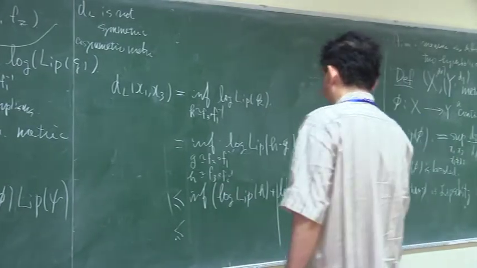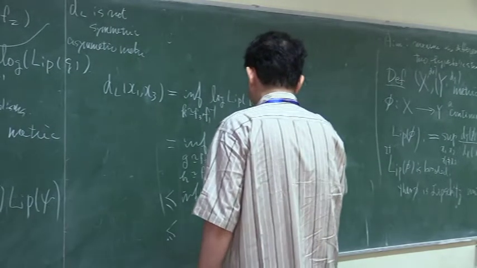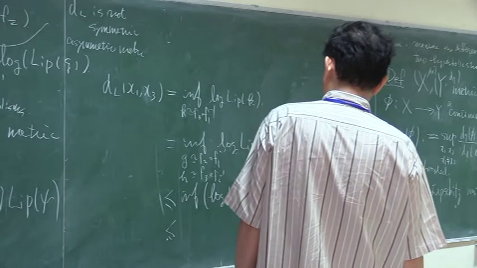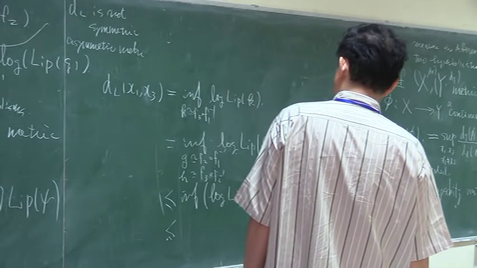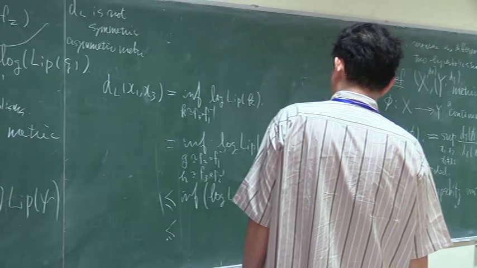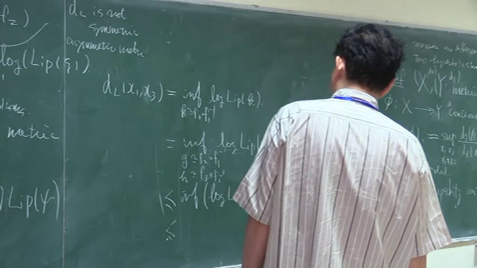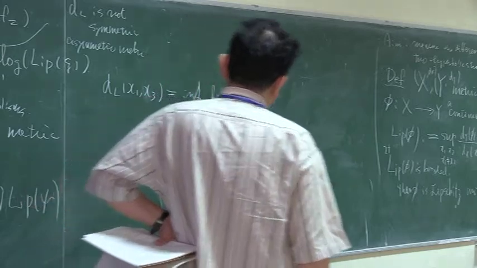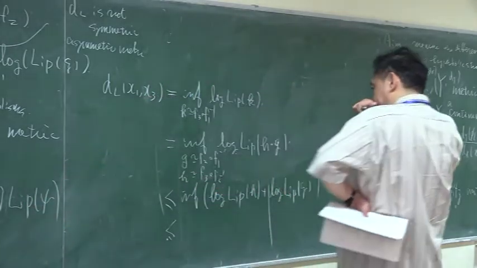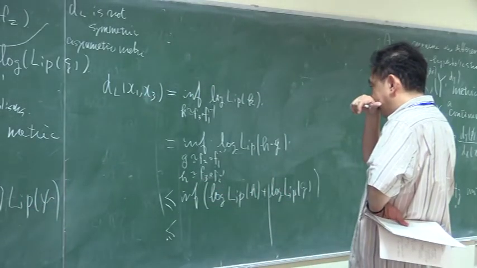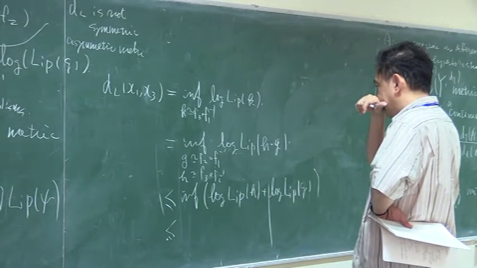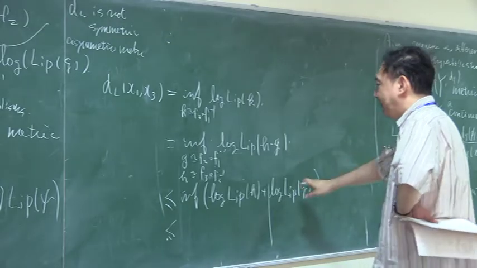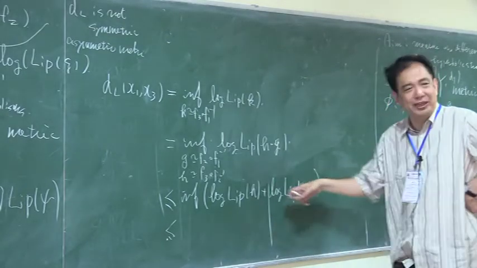Wait a minute, something strange. What we'd like to do is take the infimum. H and G might be different, so they move independently.